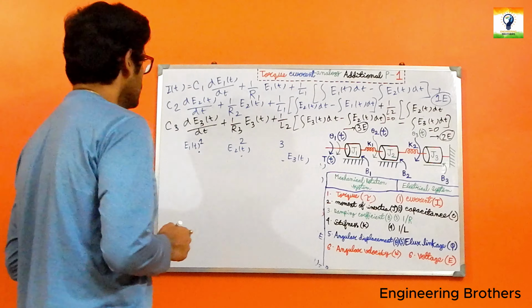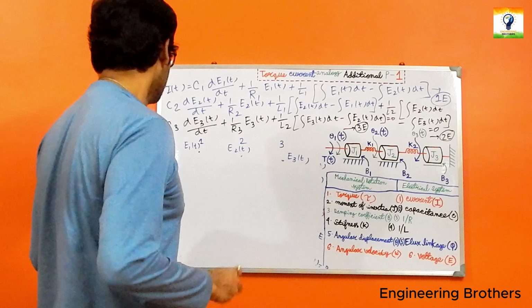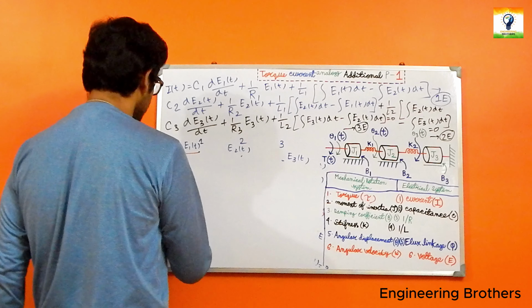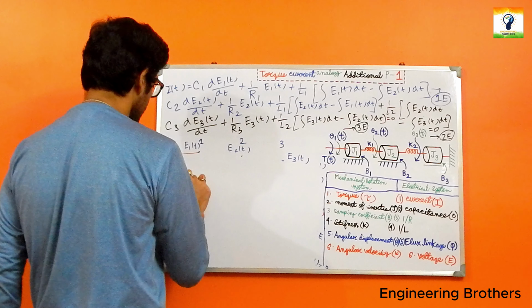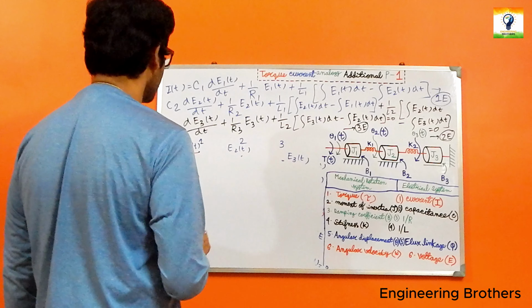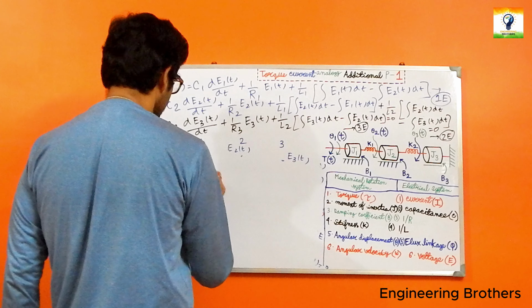Okay, now we are going to connect our much needed components. The current is making an entry over here. So this is our current I(t), and at the voltage of U1(t) the capacitor C1 is placed over here. So this is our C1.